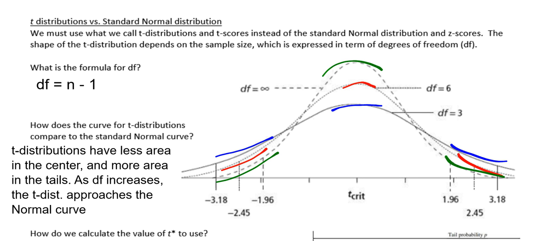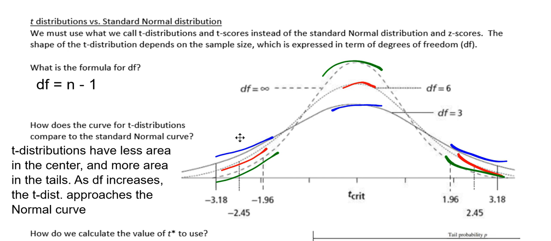So the reason why we look at t-distributions like this is that in order to include 95% of the standard normal curve, you only have to go out 1.96 standard deviations in each direction. But if your degree of freedom is 6 or 3, you are more likely to get extreme results in either direction.